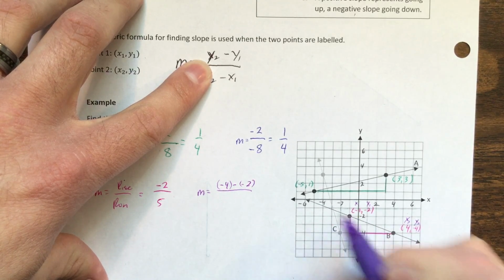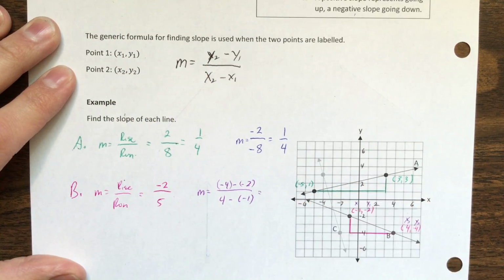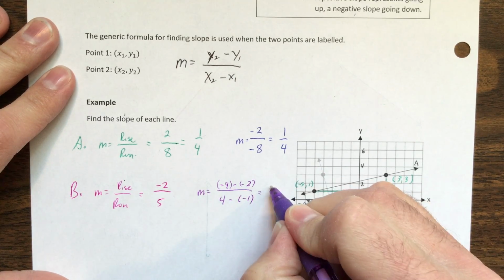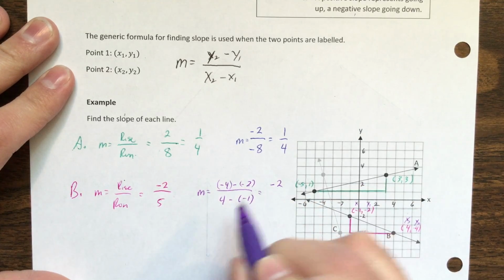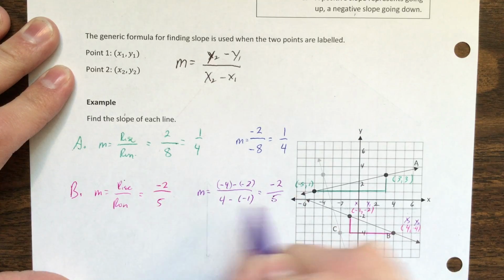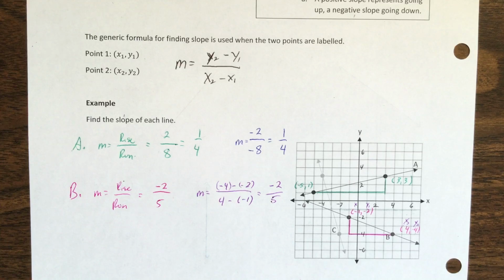And then we do 4 minus -1 as such. Now you can punch these into your calculators, or you can use mental math if you like as well. -4 minus -2 is going to give us -2, which is what we got there. 4 minus -1 is going to give us +5, which we got there. They are the same thing. It's just one is using the formula and one is using the graph to draw it out.